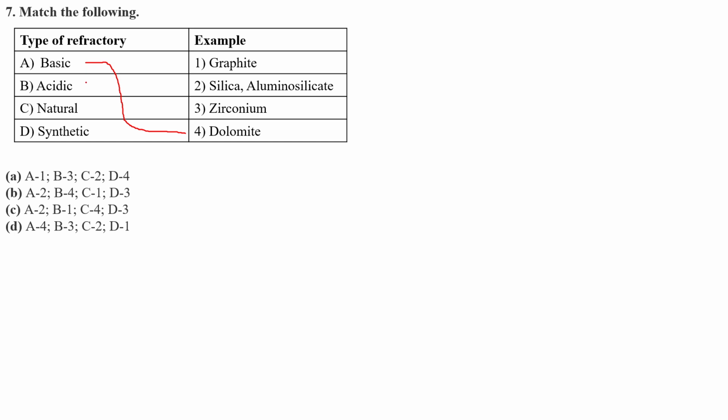Then acidic refractory, which is generally used as a refractory material when we are producing the acidic slag during the smelting operation. Common examples of this acidic refractory are silica and aluminosilicate. Then there are some naturally occurring refractory materials like graphite, which can sustain a temperature of 3000 degrees Celsius. Then there were some synthetic refractory materials, which were zirconium and chromate.